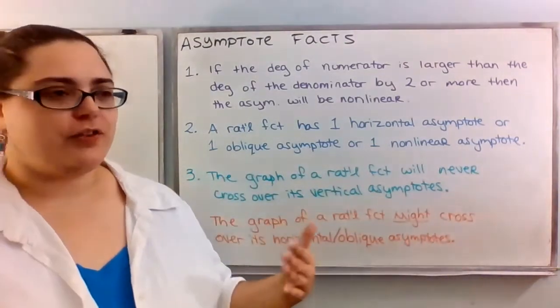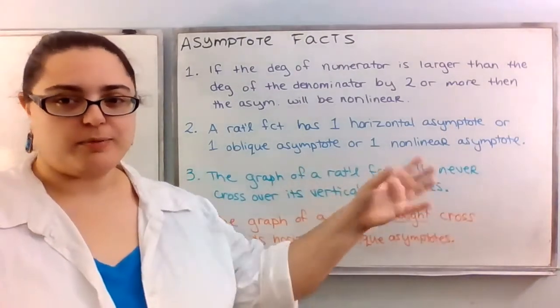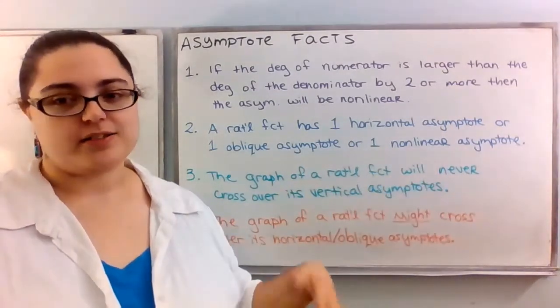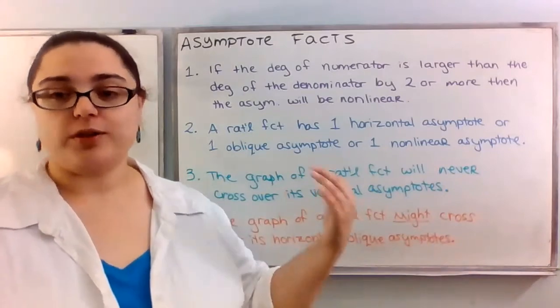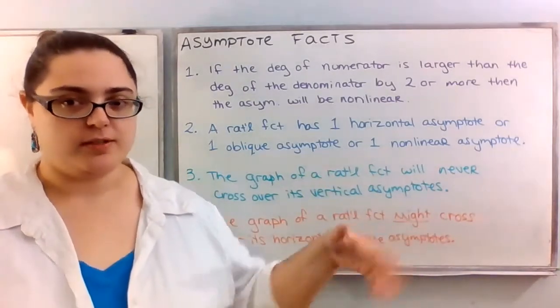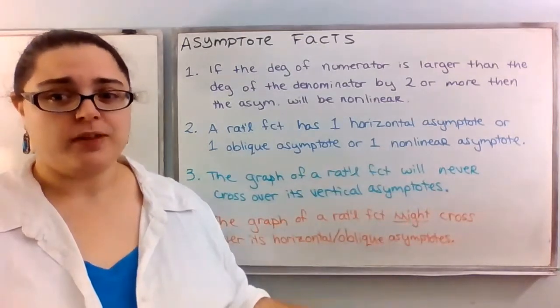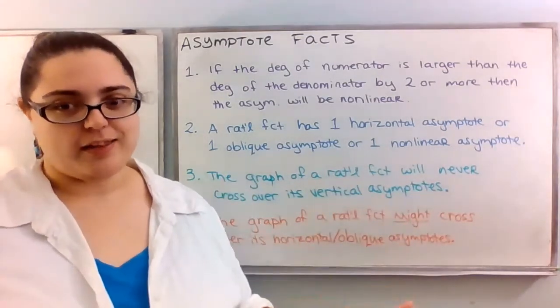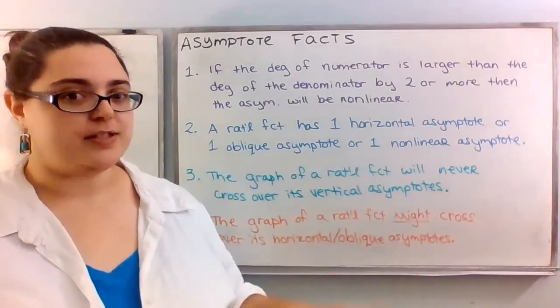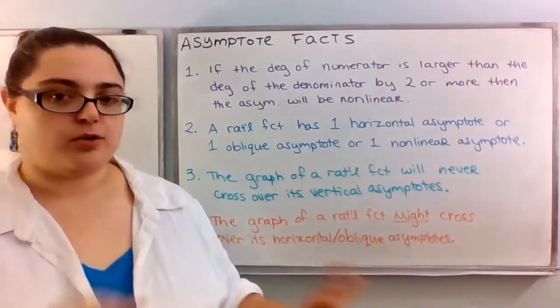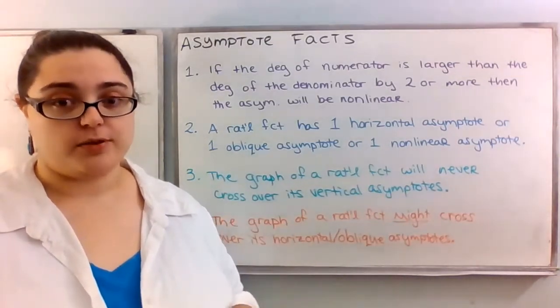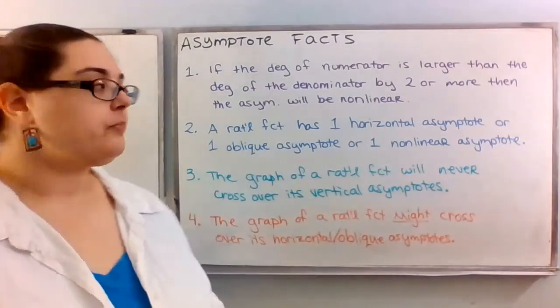So if you have like x to the 5th on top, and x squared on the bottom, when you divide that, you're going to get an x cubed. So you'll have like a cubic function as your asymptote. So in this class, we're not going to worry about anything that's nonlinear. We're just going to focus on oblique and horizontal lines for our asymptotes of that form.